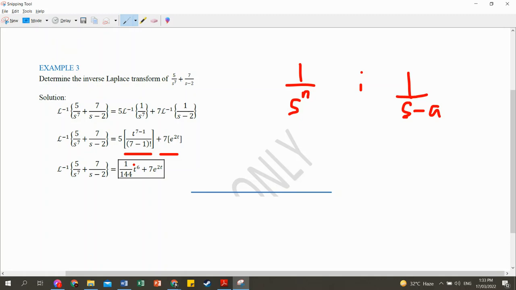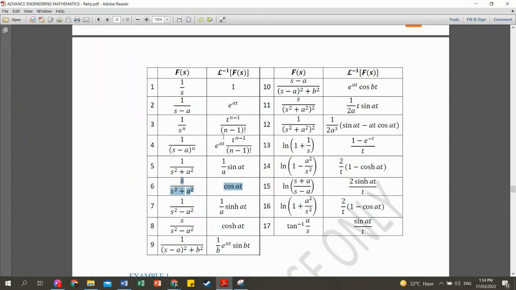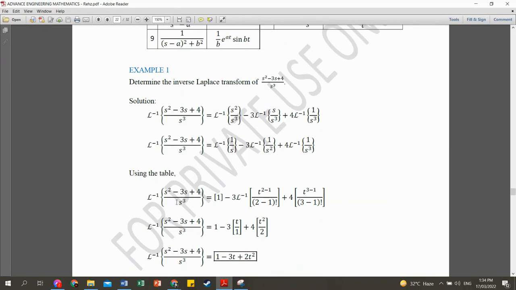So 5 divided by 720 is 1 over 144, times t raised to 6, and then plus 7e raised to 2t. So that's it. You just need to apply these formulas that we have here. You just make your equation look like this, the column of f of s and the column of f of s here. Okay? Next.